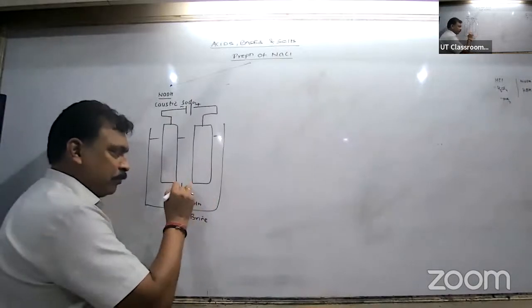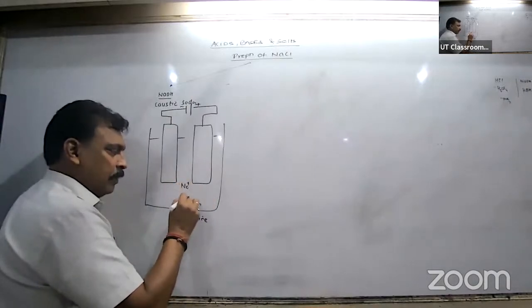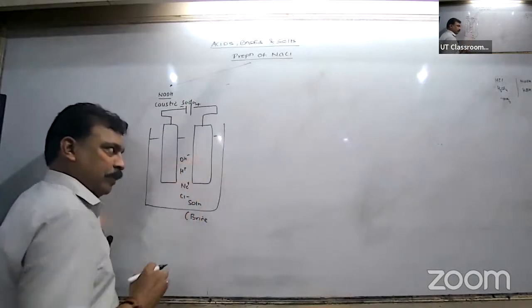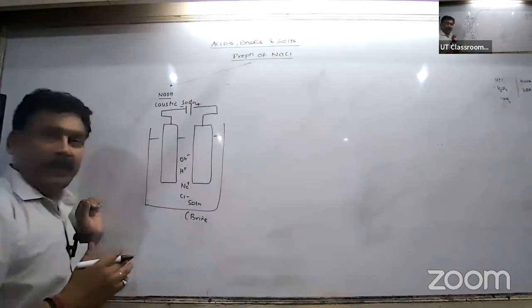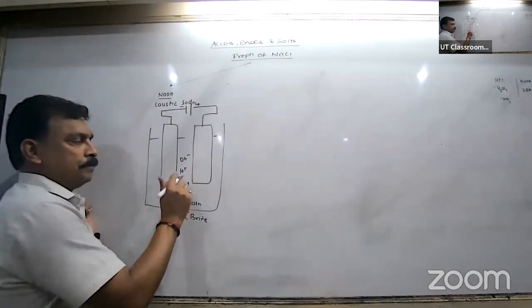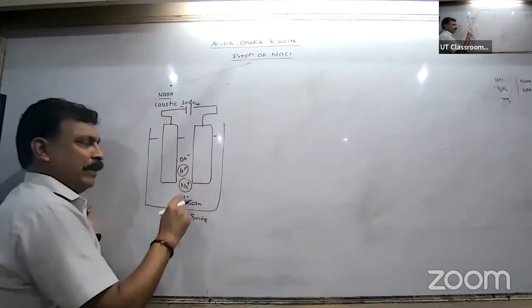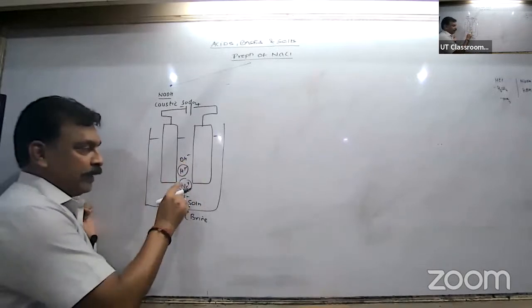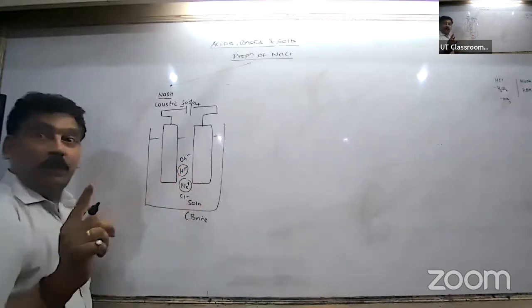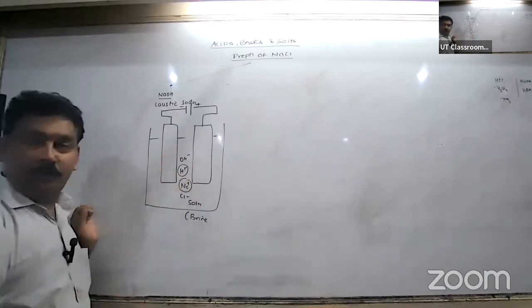ये जो Na plus और Cl minus ions हैं, plus water is also there in a little amount. Along with NaCl, water is there, okay, about say 90% or 80%. Now, what actually happens? There are 2 positive ions and 2 negative ions. Yes or no? If there are 2 same kind of charges present on the ions, the ion which is more stable will not get discharged at the electrode.